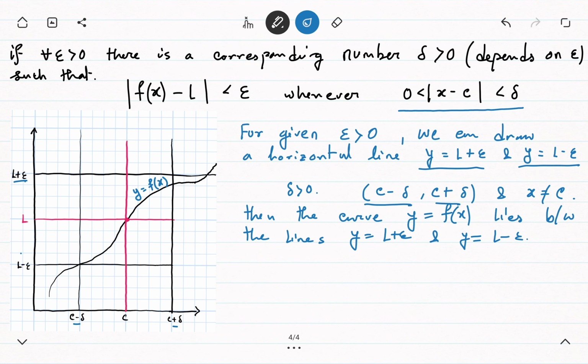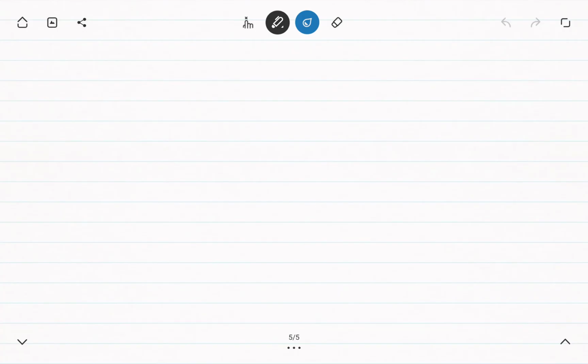Now, if we solve some problems, we can see how things look. So let me write a problem for you so that you can understand the meaning of the epsilon delta approach to the definition of limit.